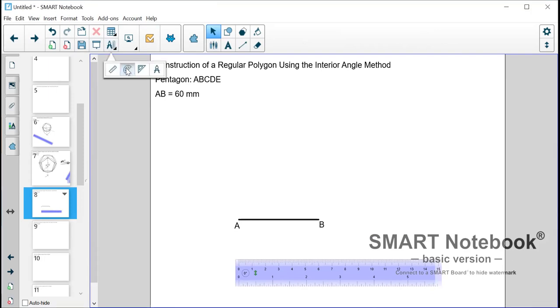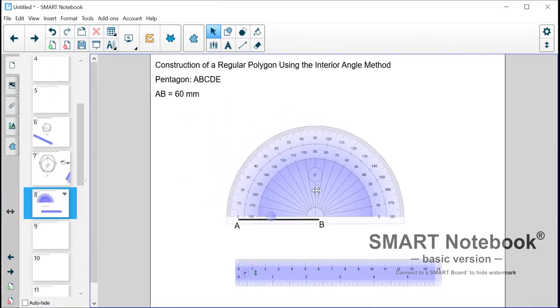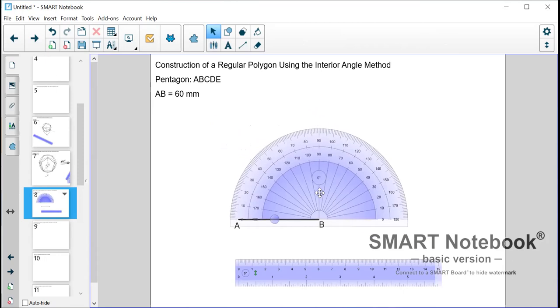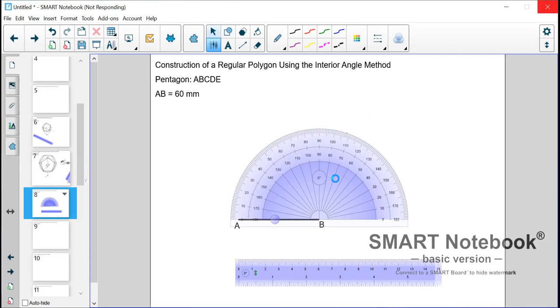So we would use the protractor to find 108 degrees from either A or B. I'll do that from B. We have 100 here, we have 110, so 108 is two strokes before 110, which is there. So we just found the angle.